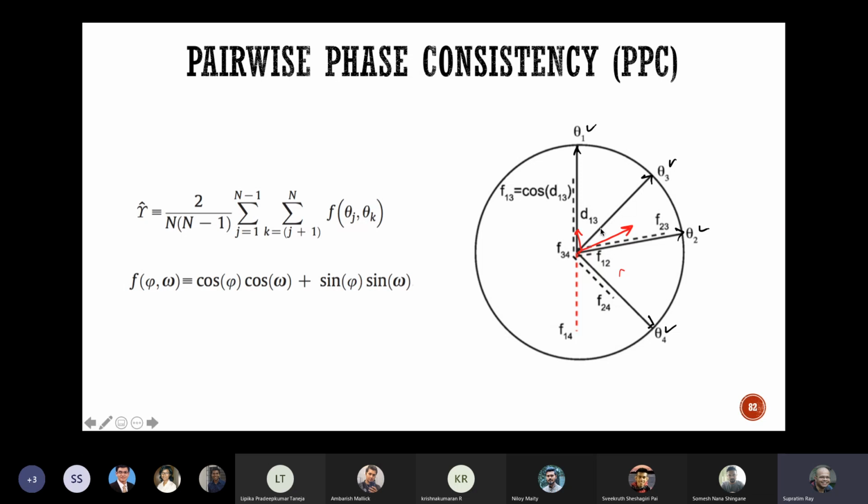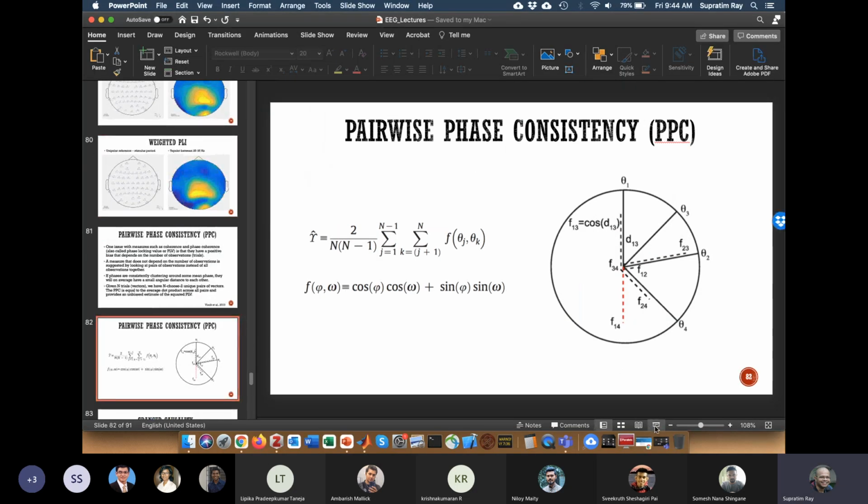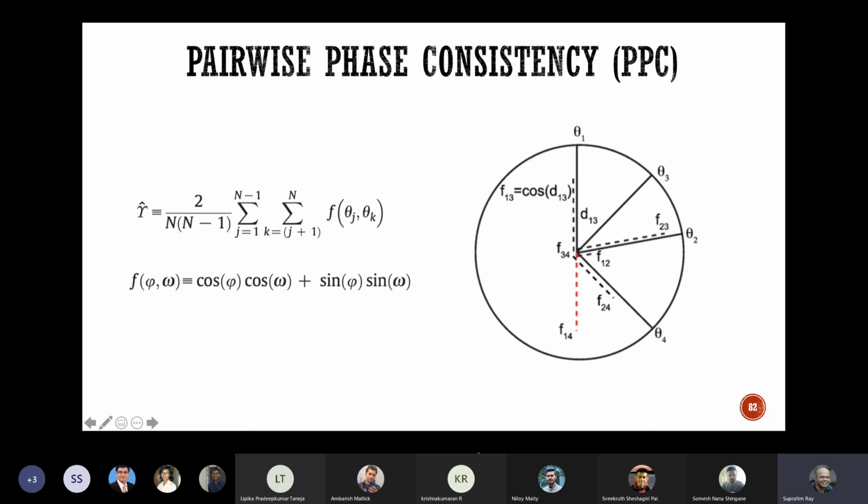What am I doing when I do PPC? I do as follows. Discard this vector, and I'll come back to this again. What I do is that I look at the dot product between every pair.